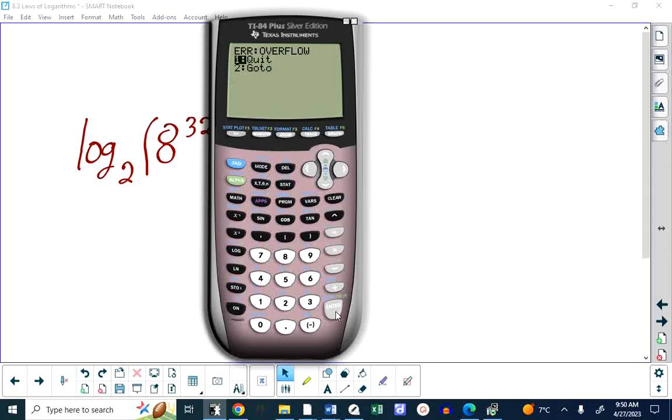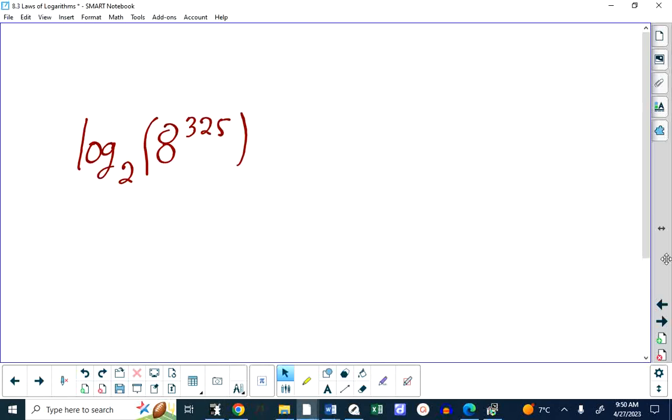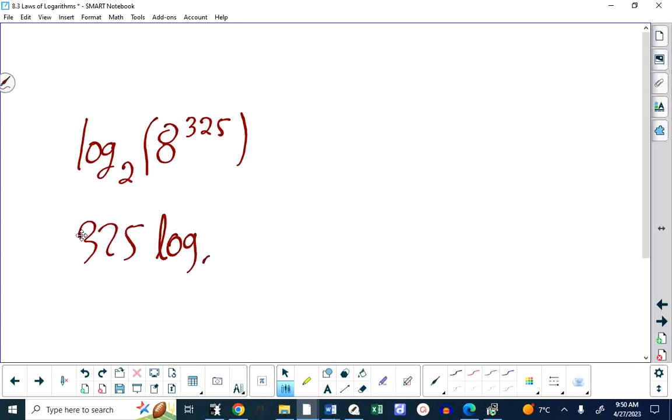But it can't, because that number's too big. That's what overflow means. It's going past its memory. However, we can go 325 times log base 2 of 8. And you should know that this is 3.